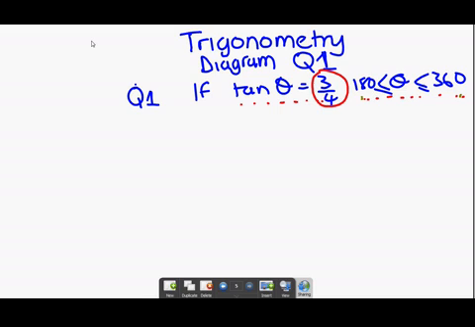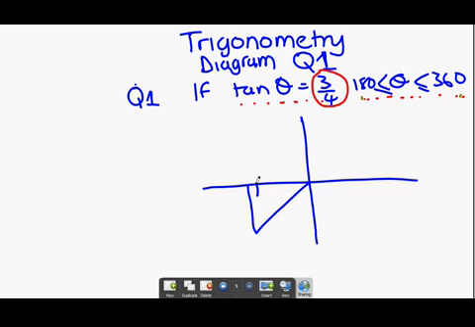Now remember we said our tan is positive, so now we have made our decision. We have said that our tan is going to be in this quadrant here. So I draw a triangle like that.